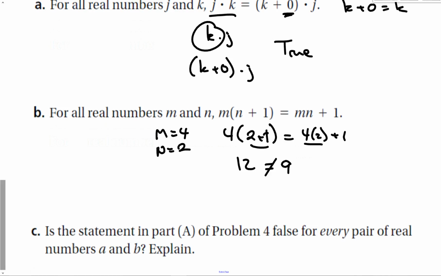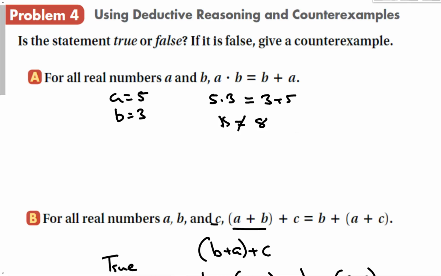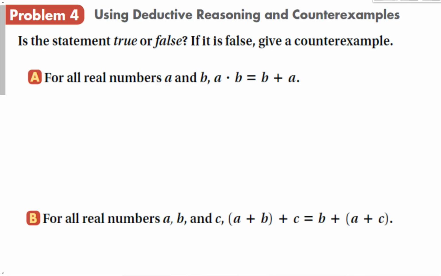So if we go back to the very first problem, part A, is it false for every pair of real numbers? So let's go back to the beginning, all the way up top. Is this expression always false? Was no matter what we picked never going to work? Well, let's try it again, except this time, let's say A is 2 and B is 2.